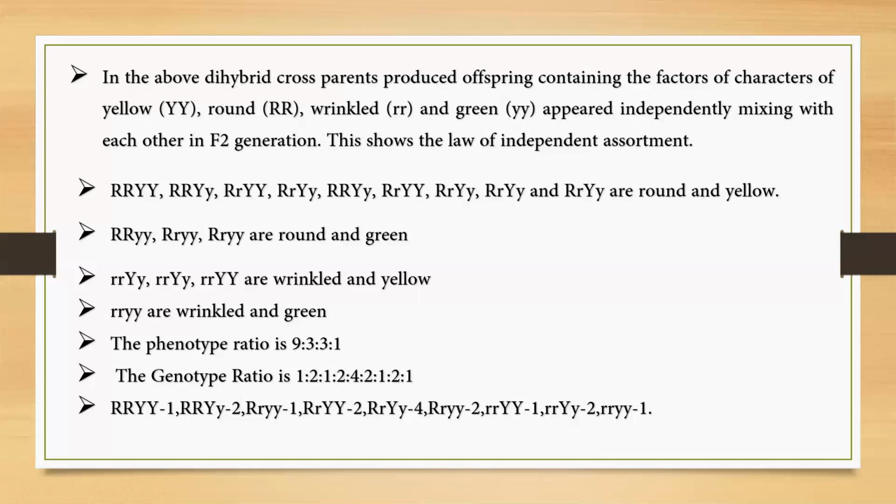At last, in the F2 generation, we get different types of plants, like homozygous round and homozygous green plants, homozygous wrinkled and homozygous yellow plants, and homozygous wrinkled and heterozygous yellow plants. These are the new offspring which appear in the dihybrid cross.